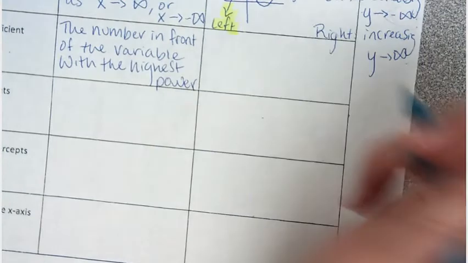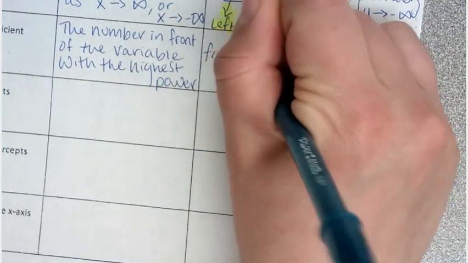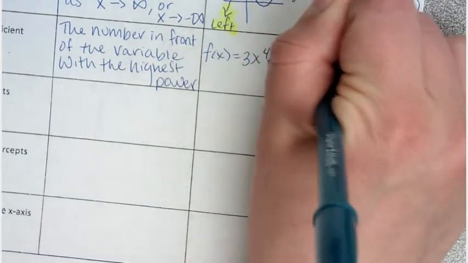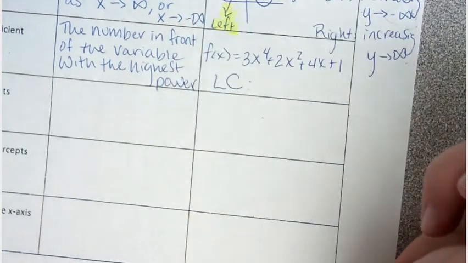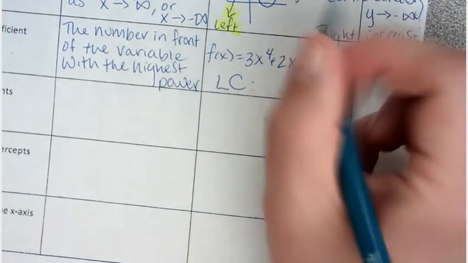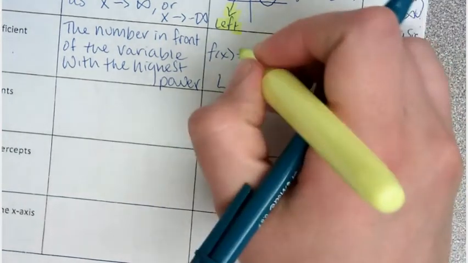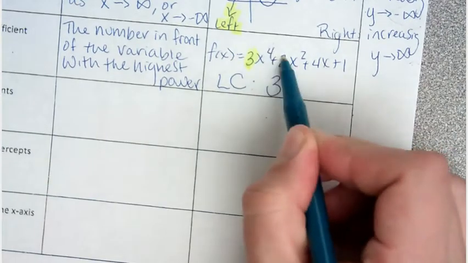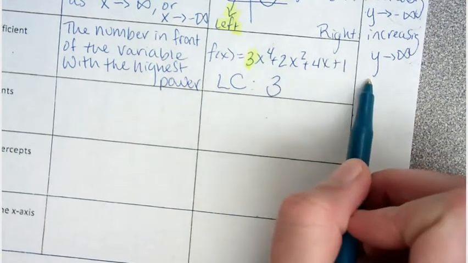So if we have f of x, we're going to use the same function we've been using, 3x to the fourth plus 2x squared plus 4x plus 1. The leading coefficient, I'm going to abbreviate as LC. So LC is leading coefficient, is going to be 3. That's because the 3 is in front of the term that has the highest exponent. So 4 is bigger than 2 or 1 or 0, which is here.